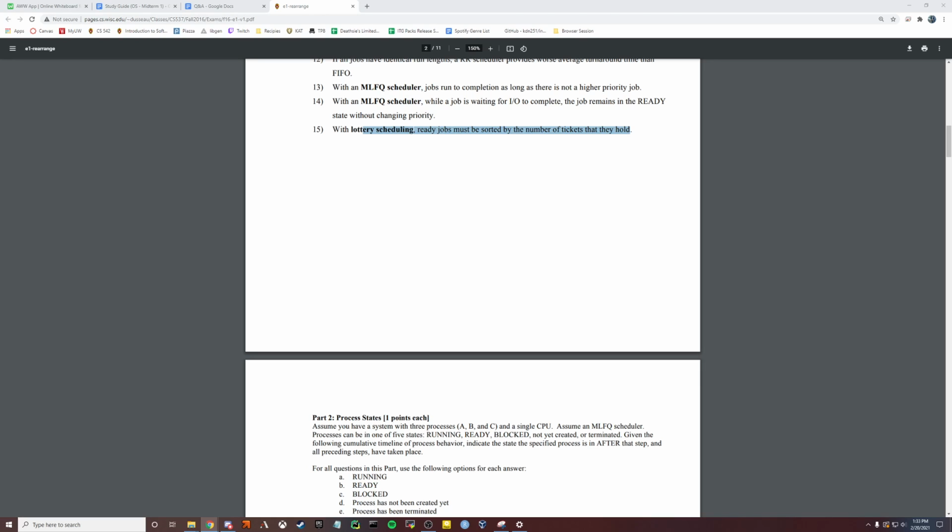Higher priority means more tickets, it says for the approach. The approach is to give processes lottery tickets. Whoever wins runs. Higher priority means more tickets. From this very short bit in the lecture slide, I think yes, it is true.